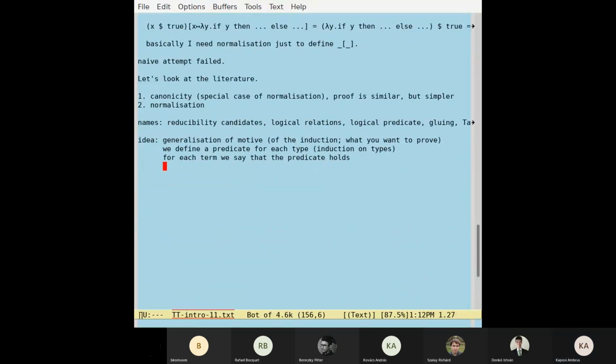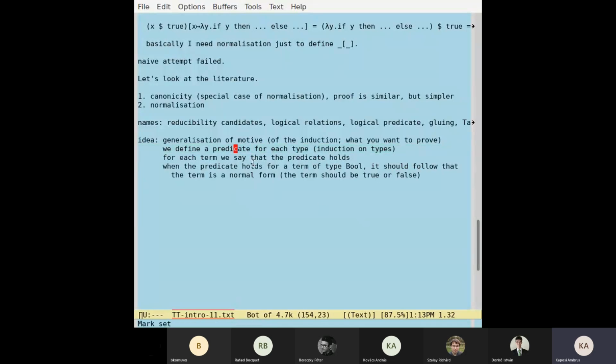When the predicate holds for a term of type bool, it should follow that the term is a normal form. In the empty context, the term should be true or false.